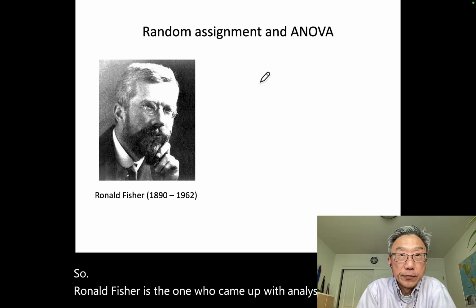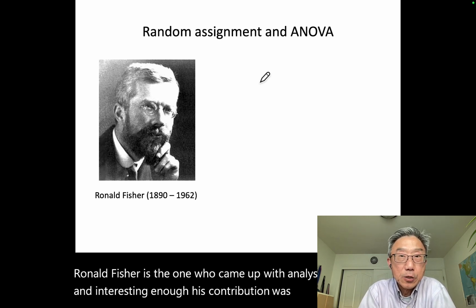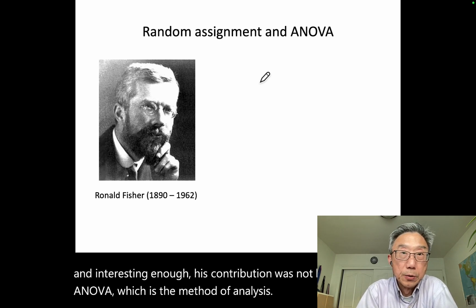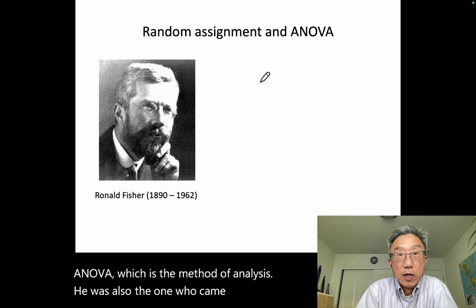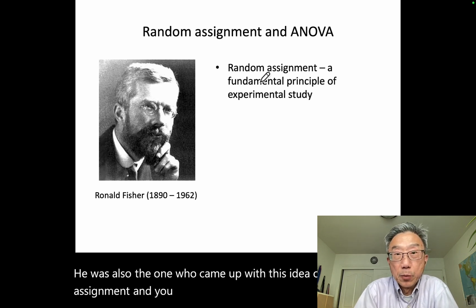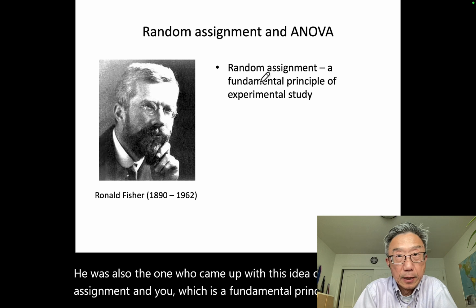And interestingly enough, his contribution was not limited to ANOVA, which is the method of analysis. He was also the one who came up with the idea of random assignment, which is a fundamental principle of experimental study.